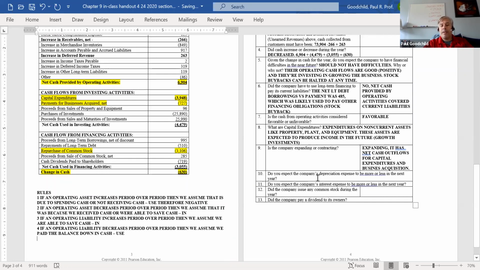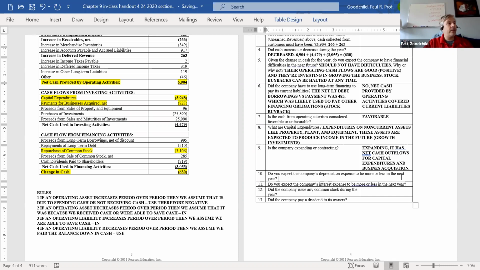Do you expect the company's depreciation expense to be more or less in the next year? So type your answer to number 10 in the chat box. And yes or no is not the correct answer here. Has to be more or less.